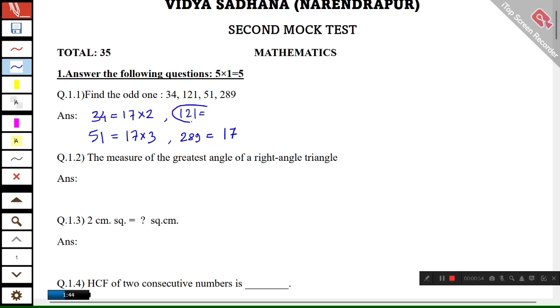But this 121 is not divisible by 17. The answer key, what is the answer?